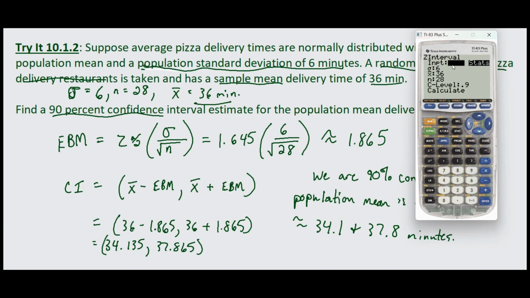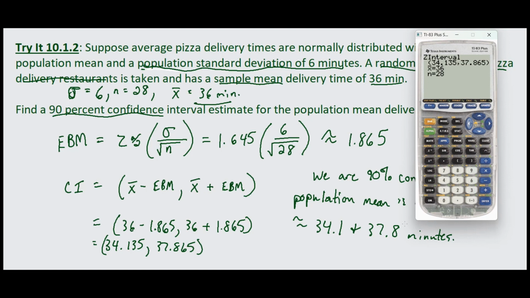It'll be by default sometimes on Data, but we want it on Stats. Enter in 6 for the population standard deviation, 36 minutes for the sample mean, 28 for the sample size, 90% or 0.9 for the confidence level. We hit calculate, and it gives us 34.135 to 37.865, which verifies what we had originally written.